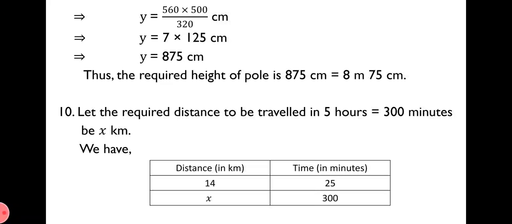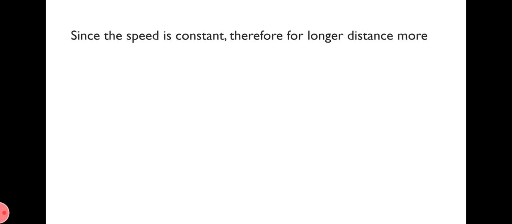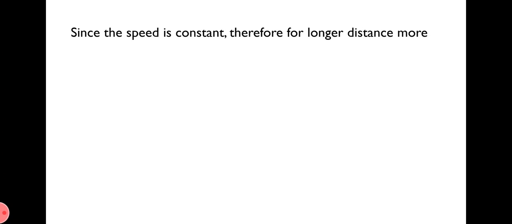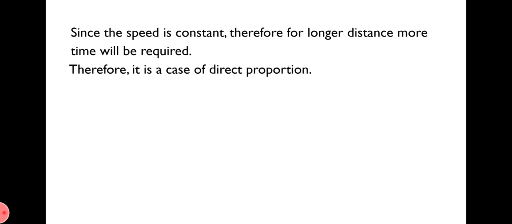So if the distance travelled by the truck is x kilometer, the time taken is 300 minutes. Since the speed is constant, for longer distance more time will be required. Therefore, it is a case of direct proportion. Therefore, 14 upon x equal to 25 upon 300.